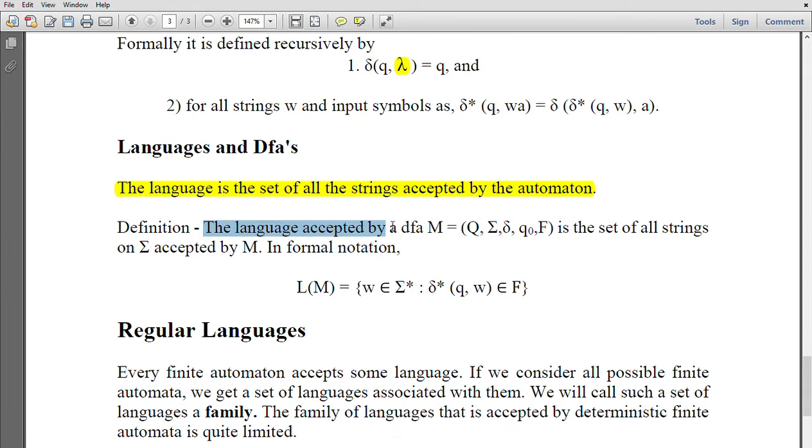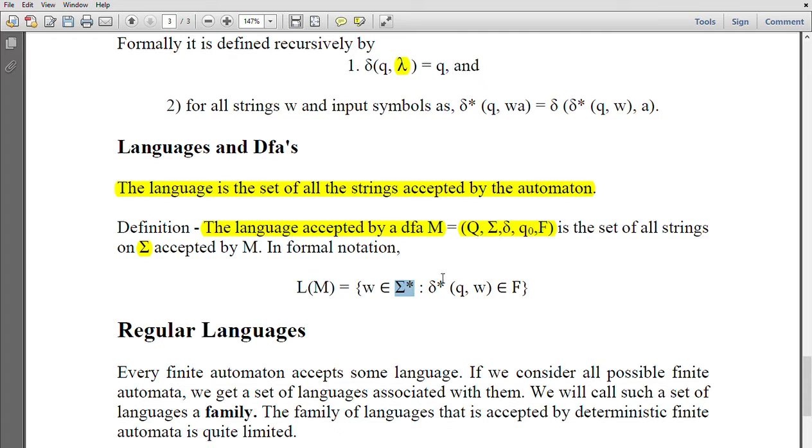The language accepted by a DFA machine M represented by these five tuples is the set of all strings on this sigma, the input alphabet, accepted by M. We will write it in a formal notation like this. Suppose W is a member of Sigma star, which is basically the star closure on sigma.